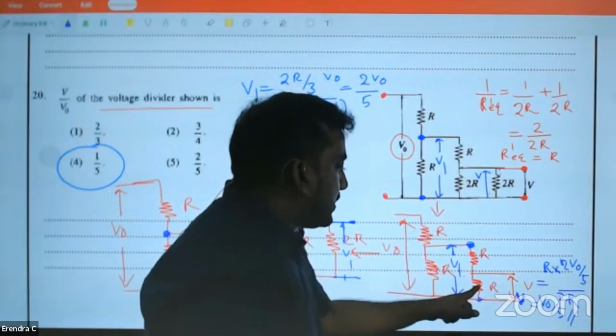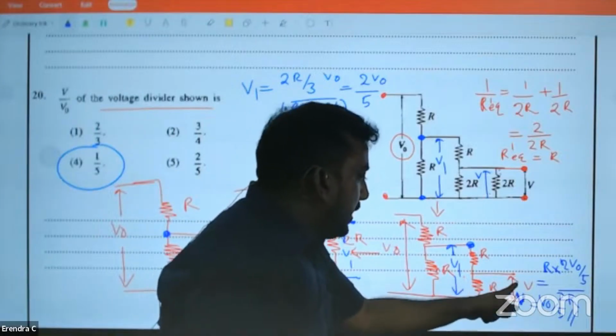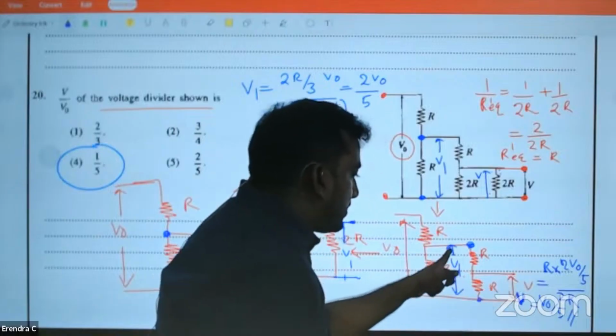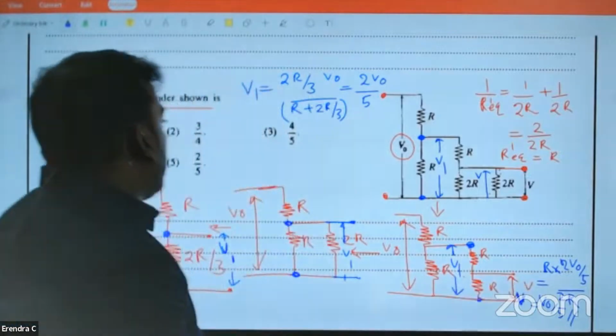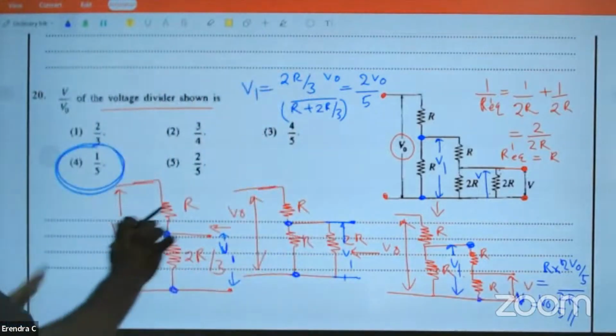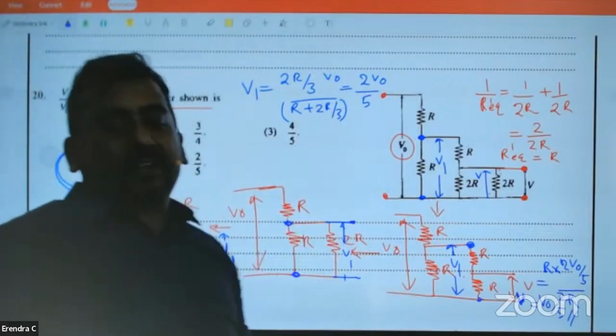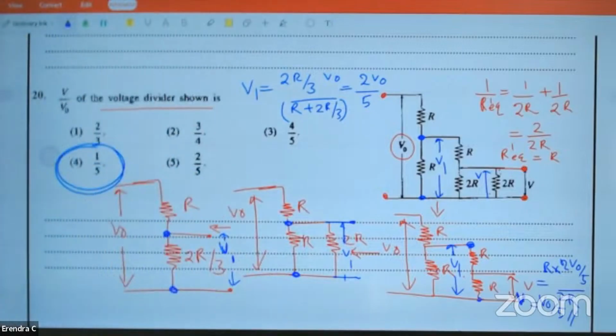So I get one resistor. How do I find this? R times total voltage in that branch divided by the addition. From there you can get your answer 1 over 5. Short methods to get the answer. Okay. Right.